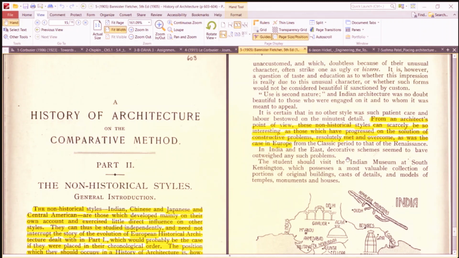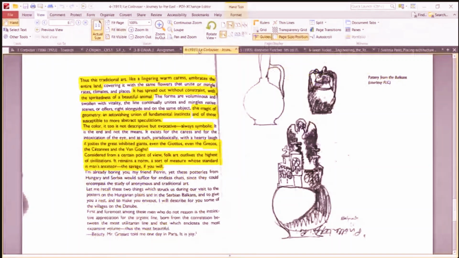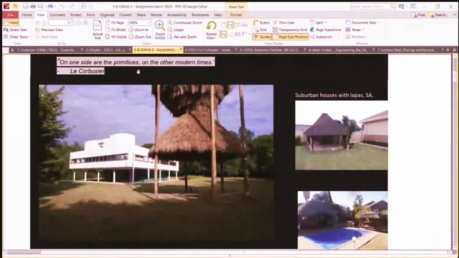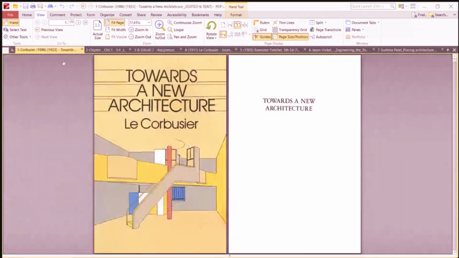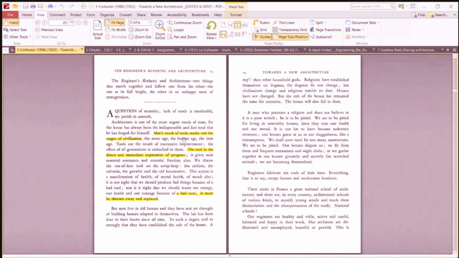So he's echoing Corbusier, in other words, right? He's saying, on one side are the primitives and on the other, modern times, right? He's echoing Corbusier's words, where Corbusier speaks of man's stock of tools marking out the stages of civilization, as Corbusier said in 1923, right?